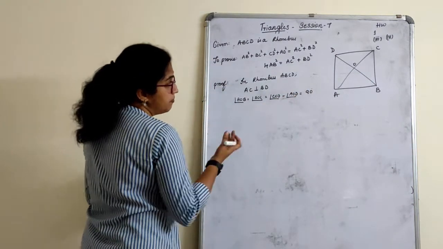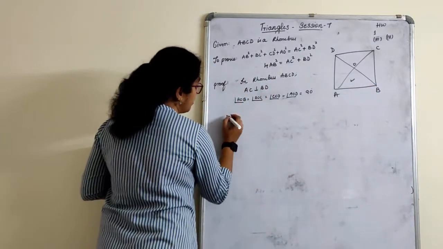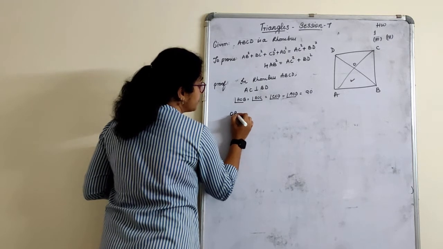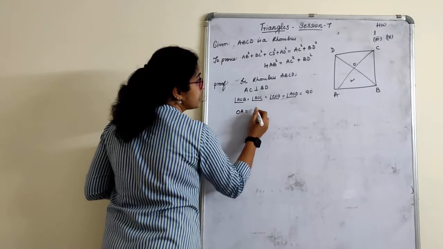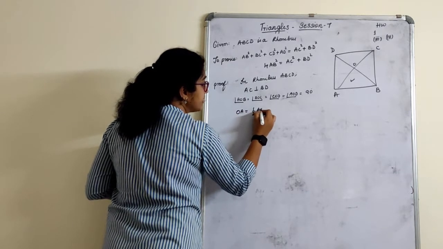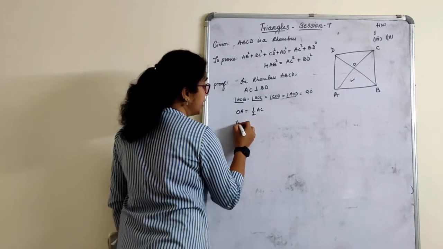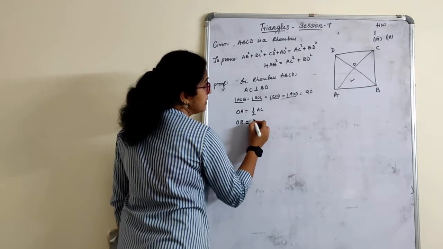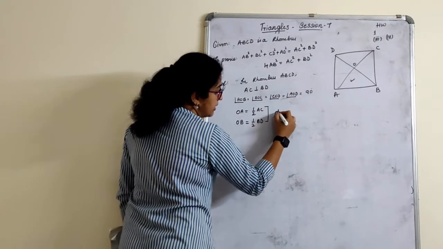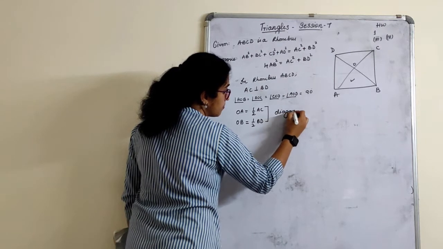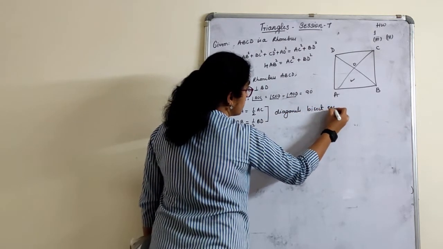Choose any one triangle, whichever you want. Let me choose this AOB. I'll take OA first. OA is nothing but half AC, right? Why? In a rhombus diagonals bisect each other, and OB I will write as half BD.